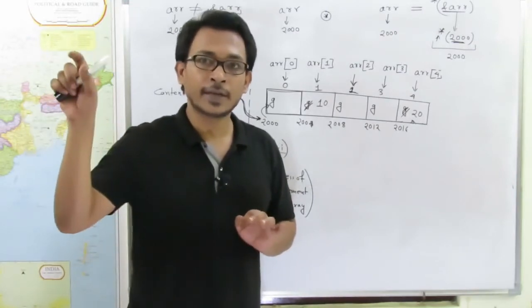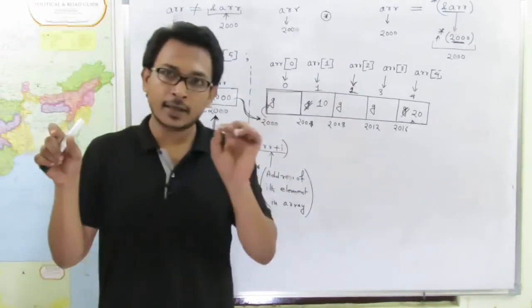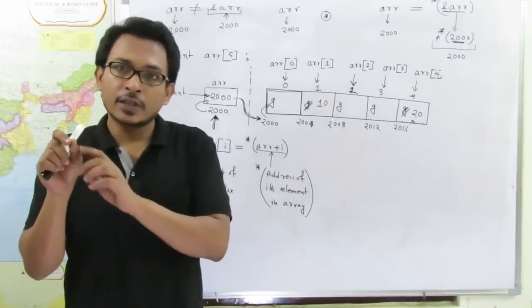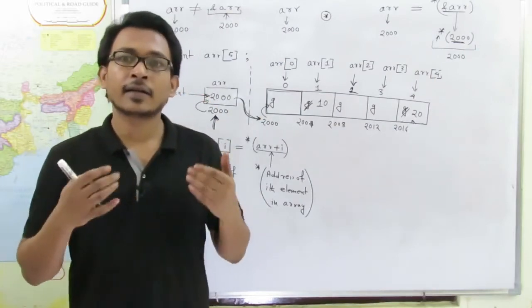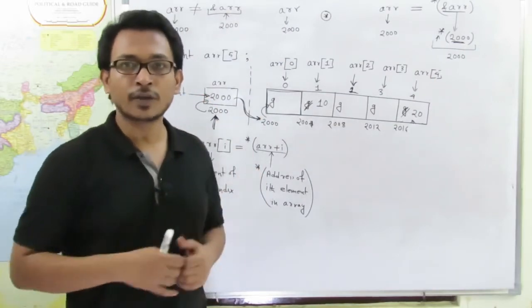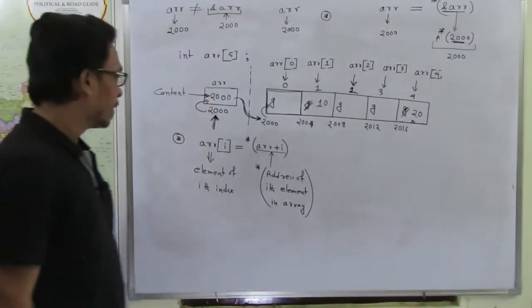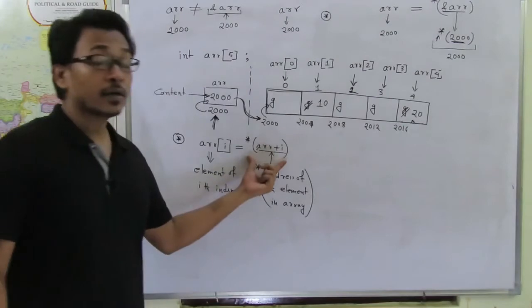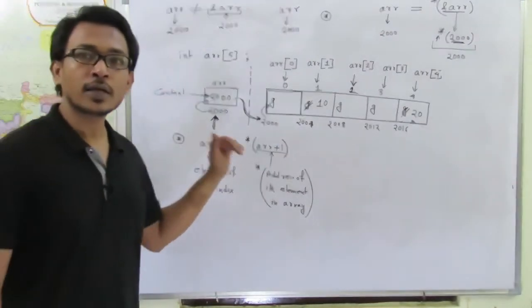And waits there. Now when the system encounters this indirection operator at the ith base address, it will enter inside the ith element and then get access to the element. Clear? Now this is how pointer notation and array notation work. Clear? And both are equivalent.